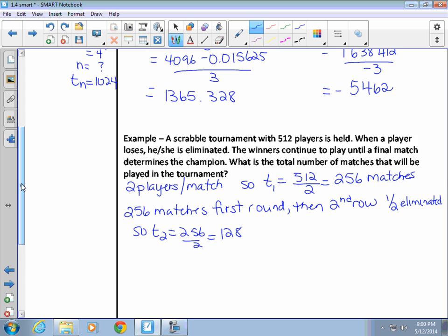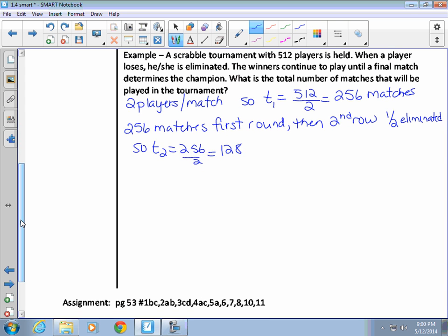If I set this up as a series, my first number is going to be 256 plus my second number plus all the way down till I get to the finals, and in the final there is one match that determines the winner and the loser of the whole thing, or first and second. So right down to one final match.